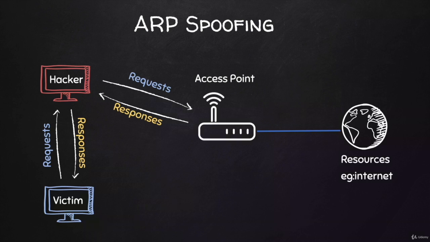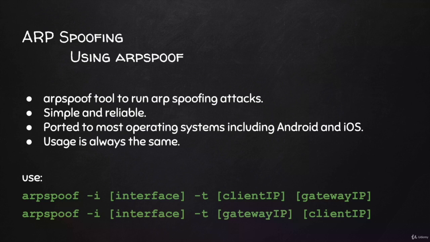Now there are a number of tools that can be used to run an ARP spoofing attack. You can even build your own tool, and I covered this in my Python programming course. But in this lecture, I want to show you how to use a very simple yet reliable tool called ARP spoof. Then in the next lectures, we'll use a tool called BetterCap because it has more features.